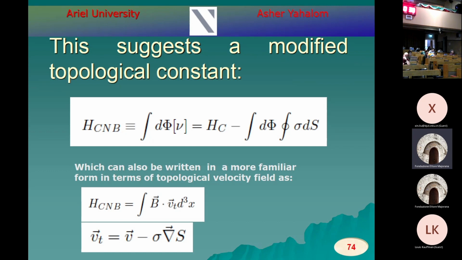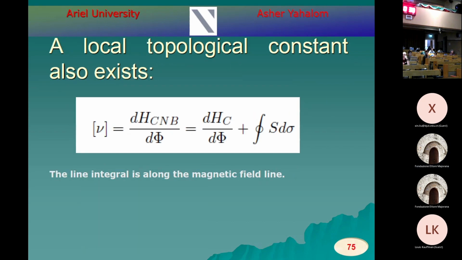And what is a topological velocity? It's just the standard velocity minus sigma grad S. Okay, this is the topological velocity, and this term is conserved also in non-barotropic flows.